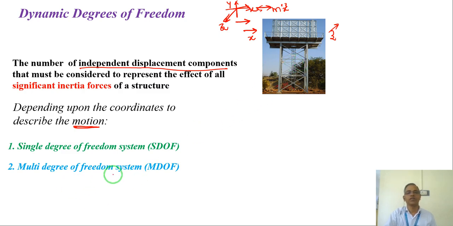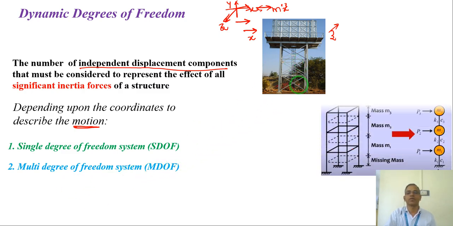Now, a multi-degree of freedom system, like if you look at a 3-story building: floor 1, floor 2 and floor 3. Each floor has mass M1, M2, M3. Because of the lateral loads on each of the floors, I can model it like this. This is called mathematical modeling of the building.